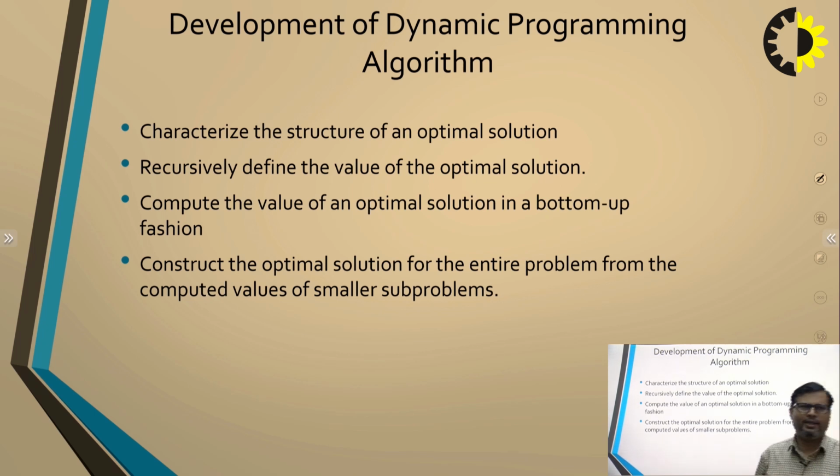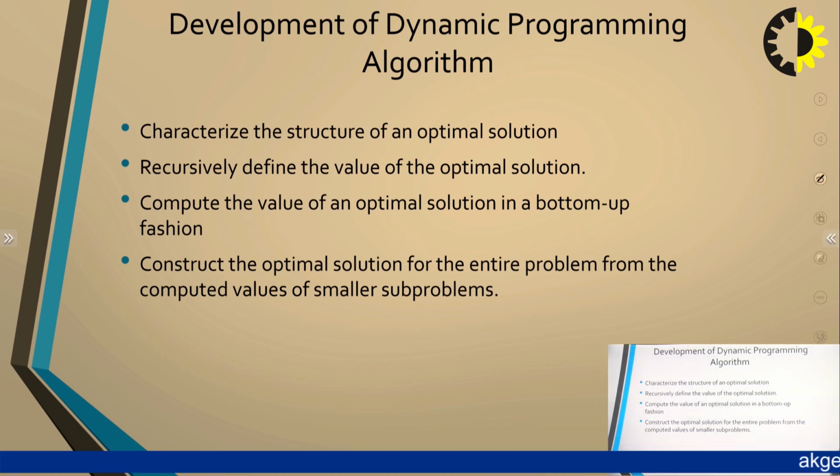We characterize the structure of an optimal solution, then recursively define the value of an optimal solution, compute the value of an optimal solution in a bottom-up fashion, and construct the optimal solution for the entire problem from the computed values of the smaller problems.